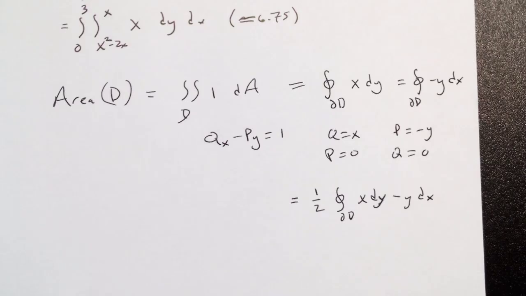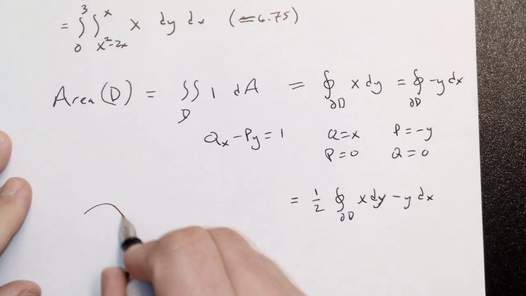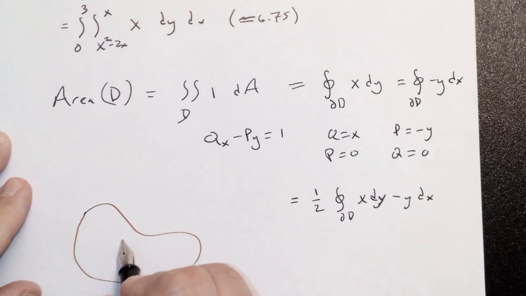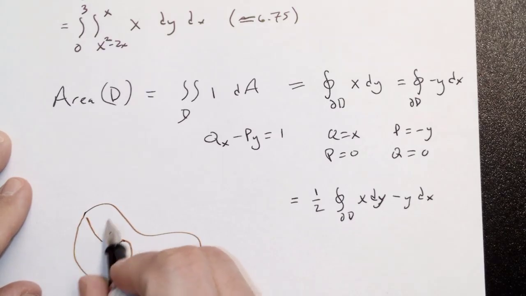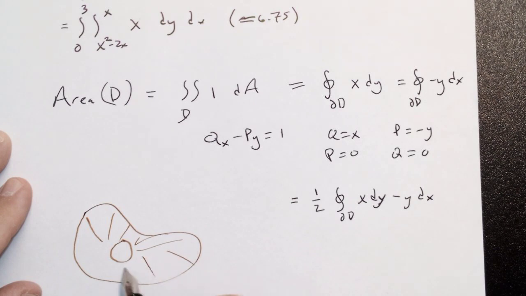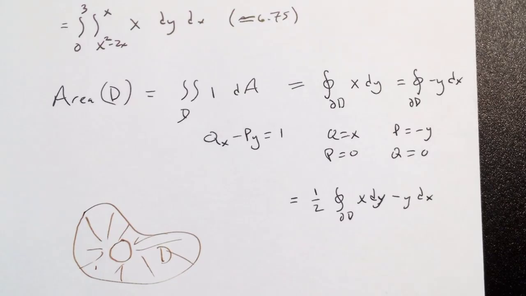What happens if my region is not simply connected? Here is a punctured region. I have my kidney shape, and there's a hole in the middle of it.